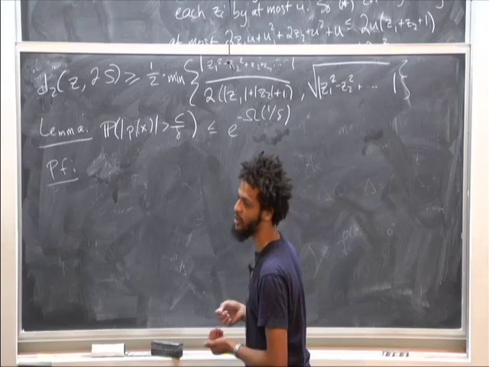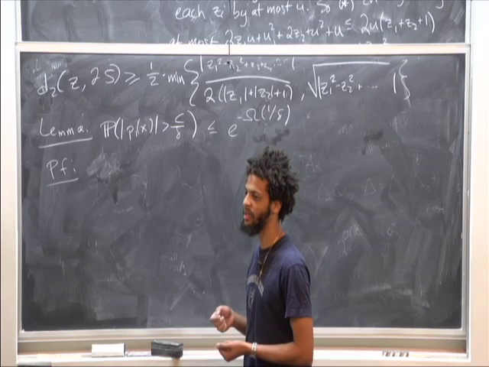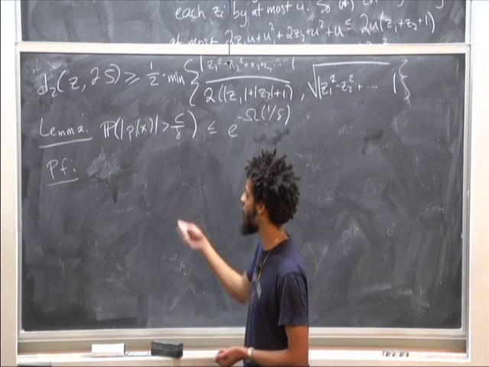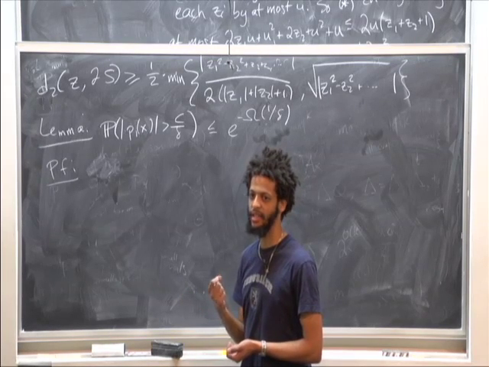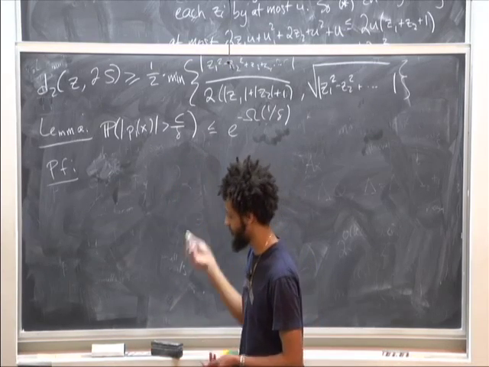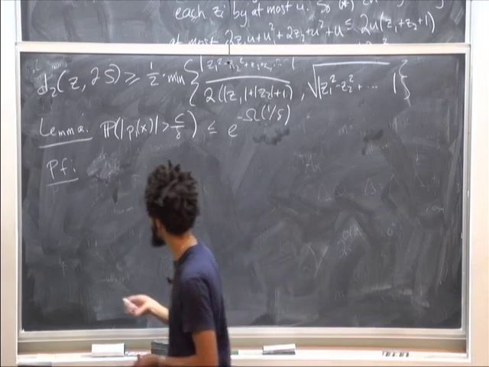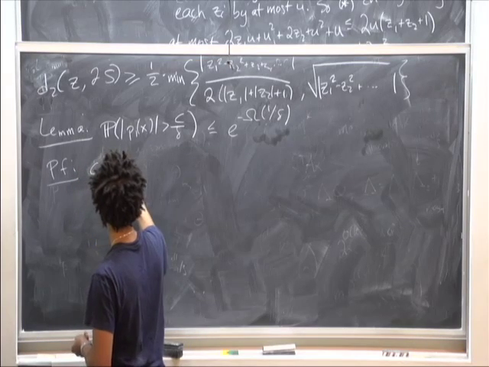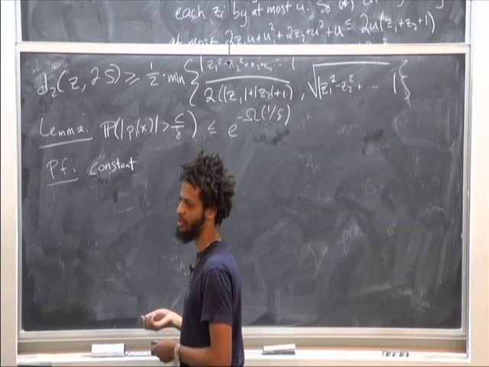So you have delta coordinates. But we really need something exponential in 1 over delta. We wouldn't be happy with a polynomial. It's overkill, but it's true.